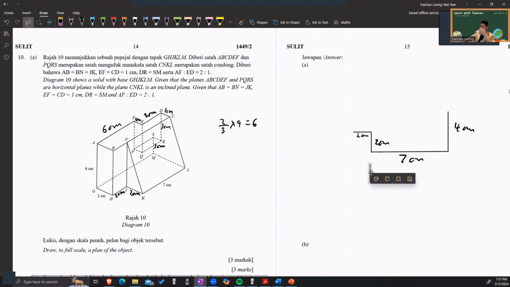Goes up. Sorry. Another 2 cm. And here we'll close back. Horizontal line.